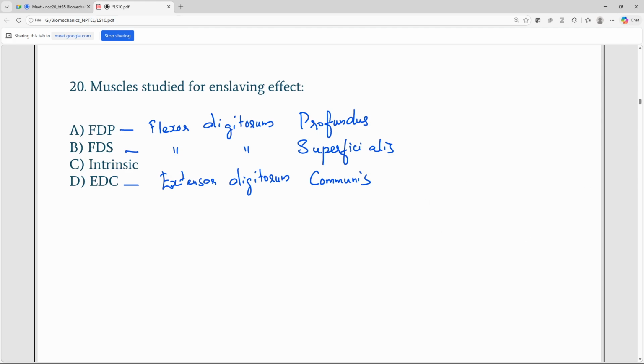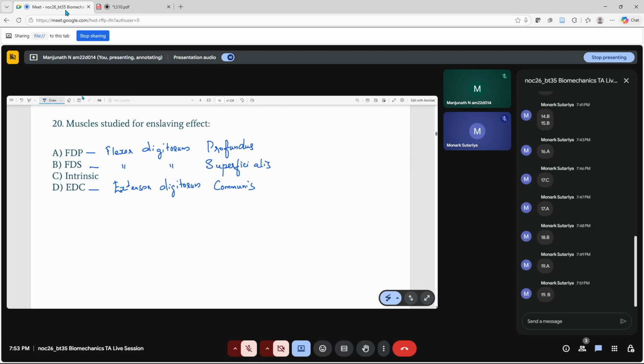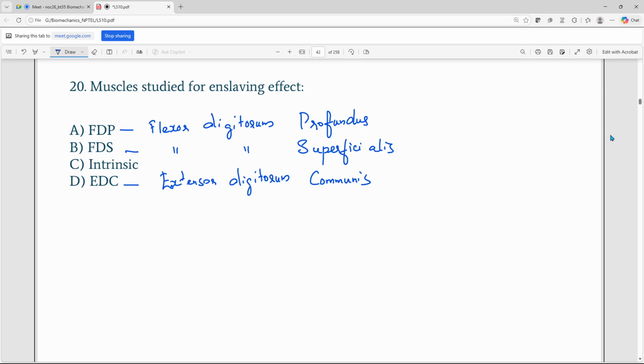Which muscles were explored for their contributions in the study? Here the answer is all of them.